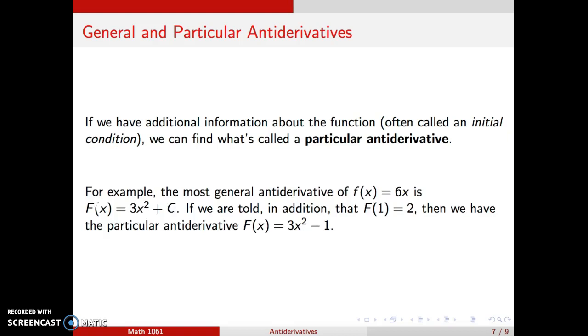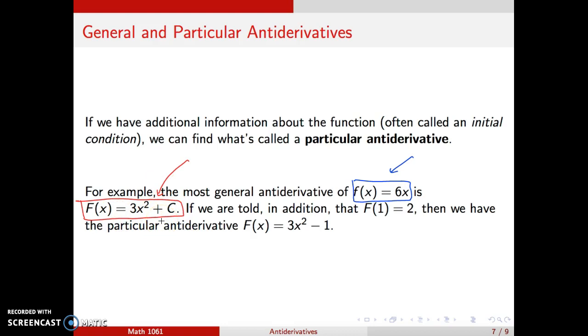So for example, the most general antiderivative of f of x equals 6x is this, and we are a little sloppy here because here we've got a function, and here it's kind of a family of functions, so it's a set of functions. That said, we usually just think of one particular example.